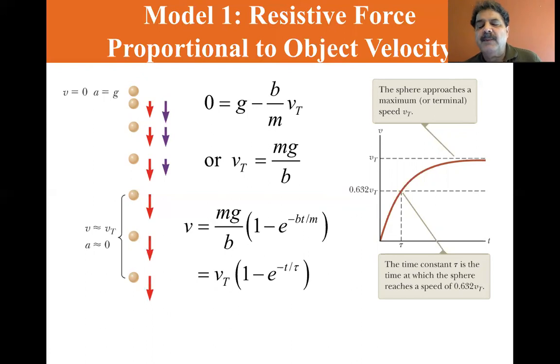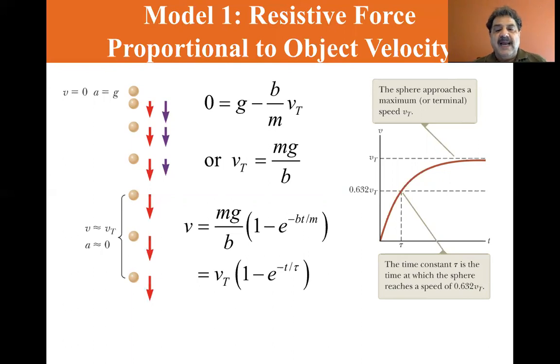It's the charging of a capacitor and the discharge of an inductor. Now, the symbol e represents the base of the natural logarithm. It's Euler's number, e equals 2.71828. The time constant, tau equals m divided by b, is the time at which the sphere released from rest at t equals 0 reaches 63.2% of the terminal speed.